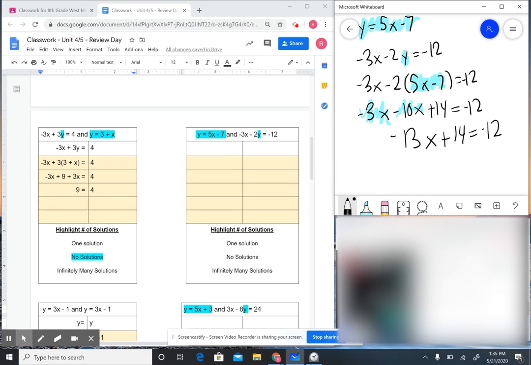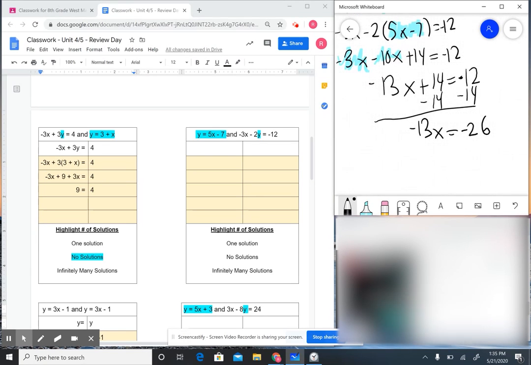So now I want to get x by itself, so I'm going to subtract this 14. Since it was a positive 14, I'm going to subtract 14. So negative 13x equals, so they're both negative. When they're both negative, you add them. So it's 6, 2 plus 4 is 6, 1 plus 1 is 2. So you get negative 26. Okay.